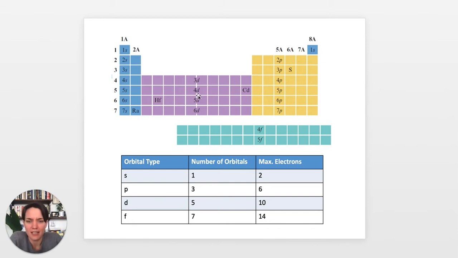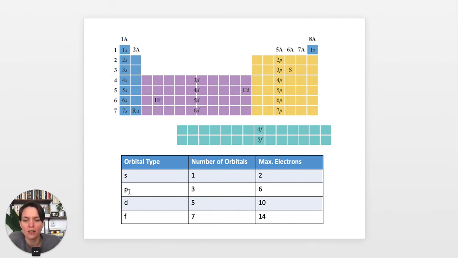So here's that same lovely figure that we've been beaten to death with. And this is a nice chart that I put together for you guys, just summarizing that last little bit of information in the last lecture, so lecture 2 of this chapter. So we have these 4 different orbital types that we're interested in. The number of lobes or suborbitals in that larger group would be 1 for s, right?